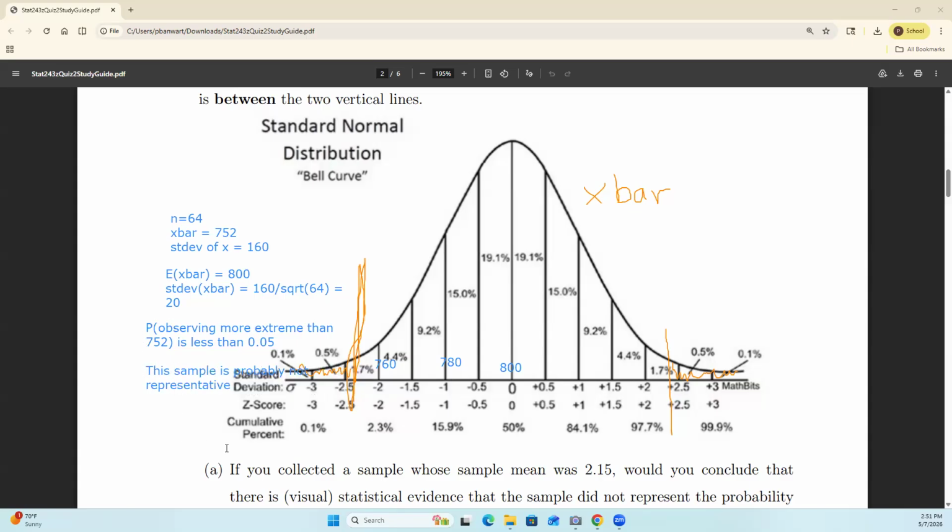Sorry, I can't move that. Let me write it again. Probability of observing more extreme than 752 is less than 0.05. So it's likely not representative, probably not representative.